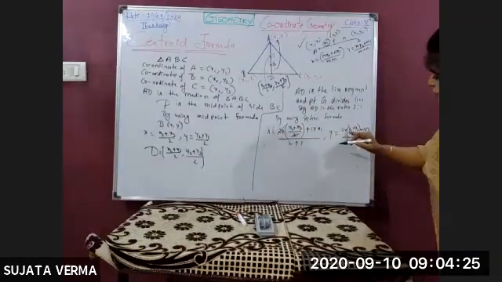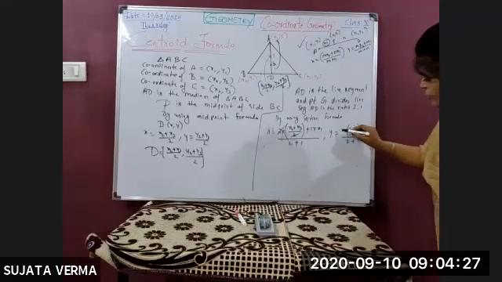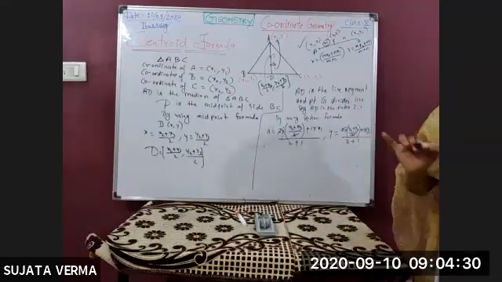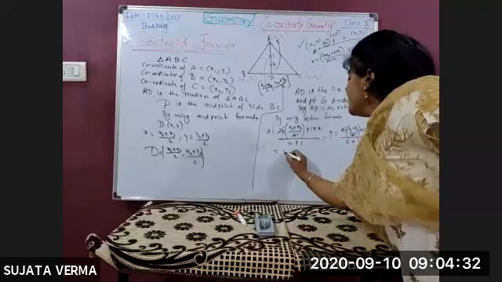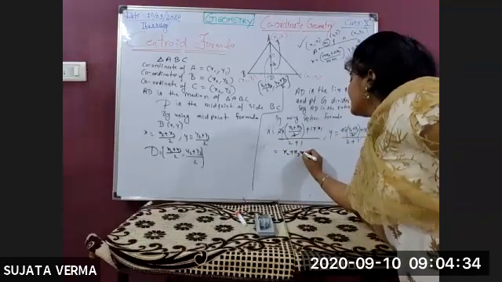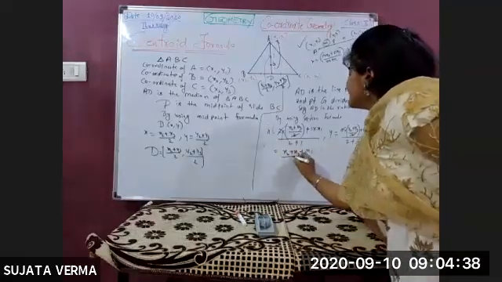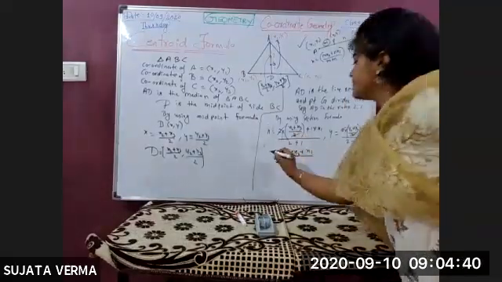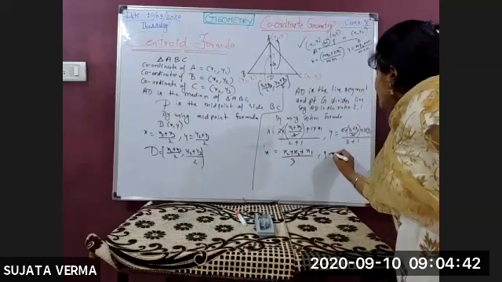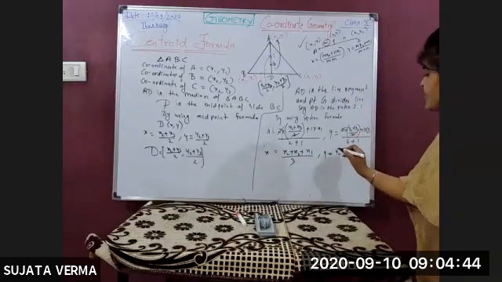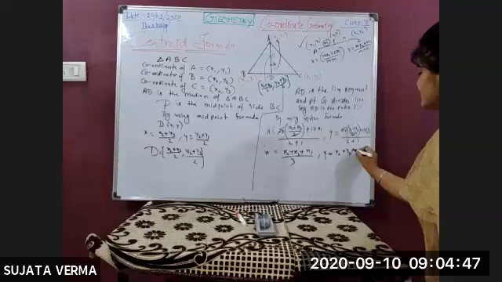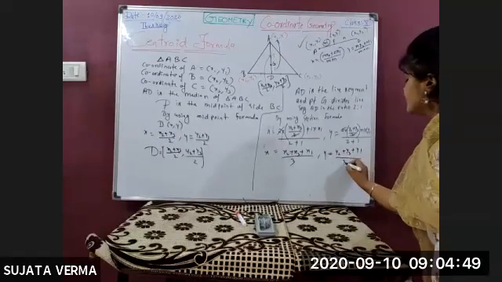Here 2 into y2 plus y3 upon 2, this 2 gets cancelled. So finally we get x is equal to x2 plus x3 plus x1 divided by 3. Clear? And y is equal to y2 plus y3 plus y1 upon 3.